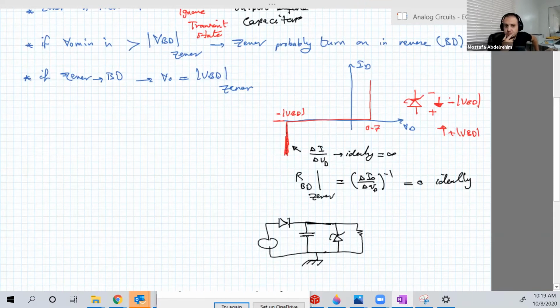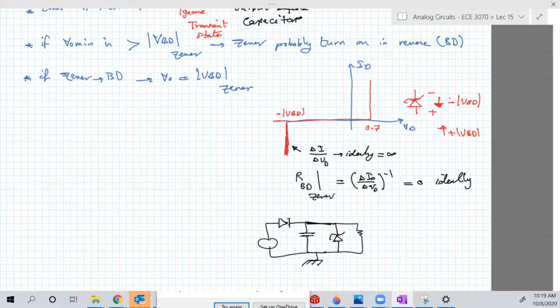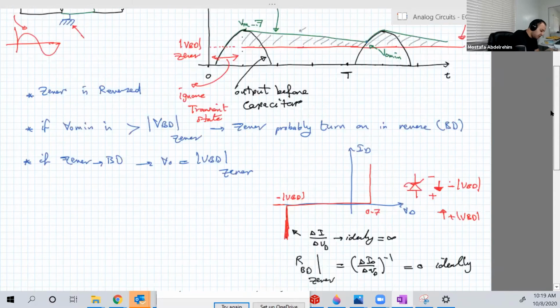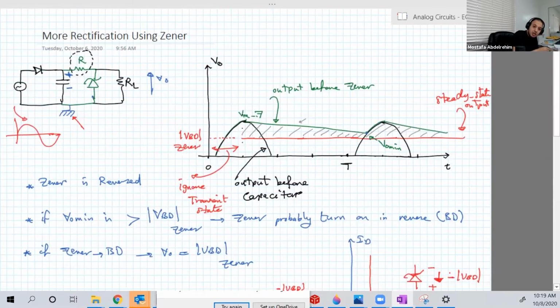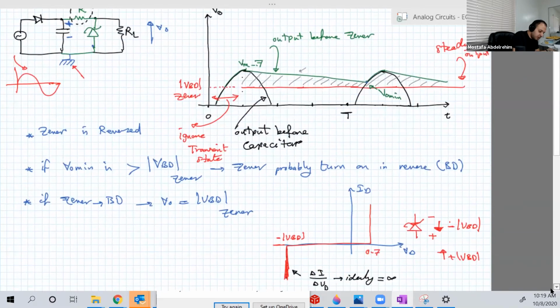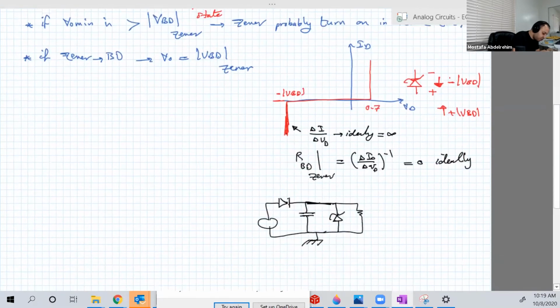Any thought? Sorry, you want to say that again? So in the original circuit here, there is a series resistance between the capacitor and the Zener. If we just shorted this resistance and connected the Zener directly to the capacitor, can you imagine what's gonna happen if we do that?